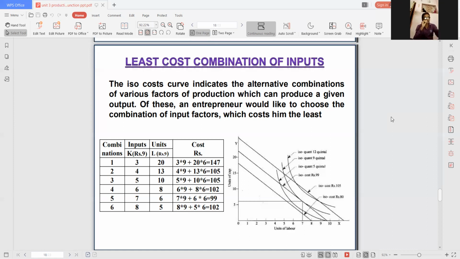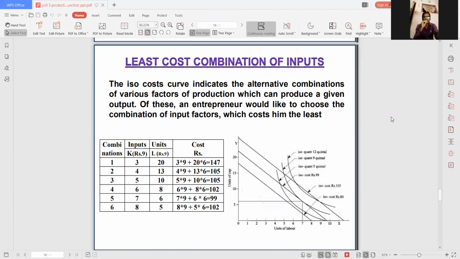Like that you can draw an isocost, meaning the equal amount of cost for the given level of output. Least cost means here we are generating a proper point where the cost should be minimum.